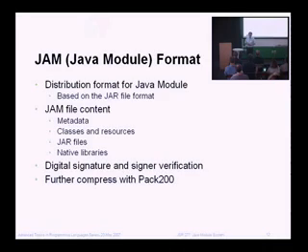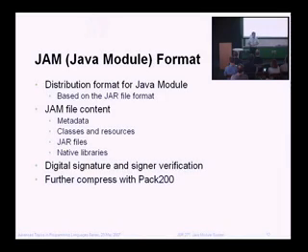Because the format is based on the JAR format, the JAM files can be digitally signed using jarsigner, as well as verified in a similar way. It can also be further compressed with Pack200. I don't know how many of you are familiar with Pack200, but it is a hyper-compression technology defined in JSR 200 that will give you a very high compression ratio, such as 1:8 or 1:9.